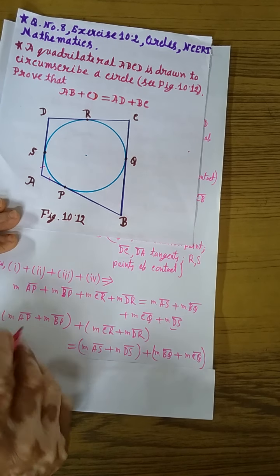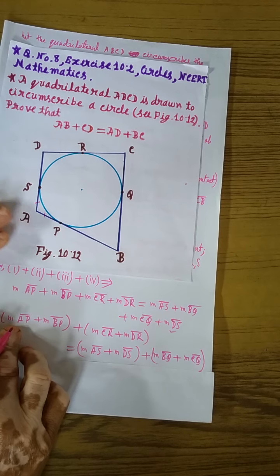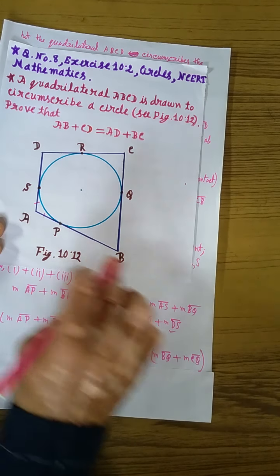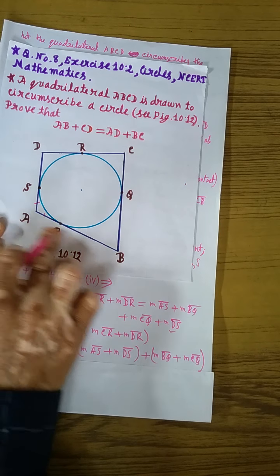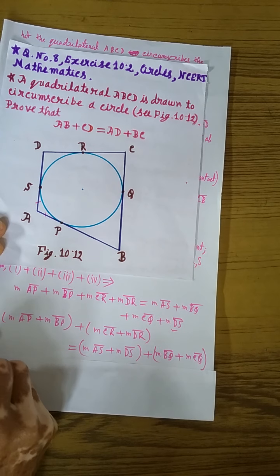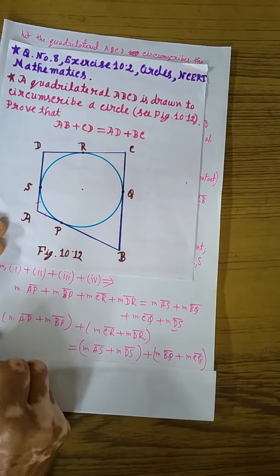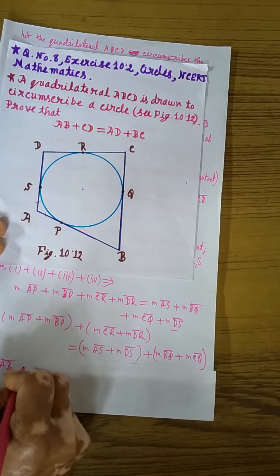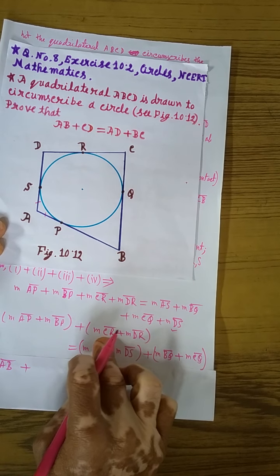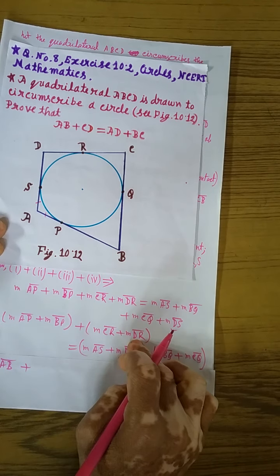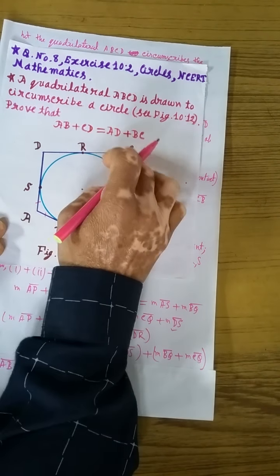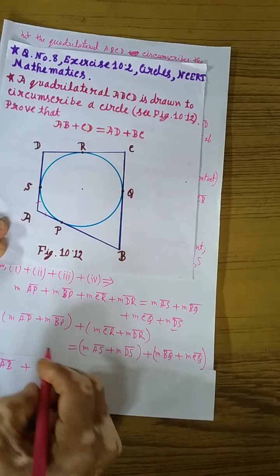That again implies, now in place of measure of AP plus measure of BP, we will write measure of AB, plus in place of measure of CR plus measure of DR, we will write measure of CD.